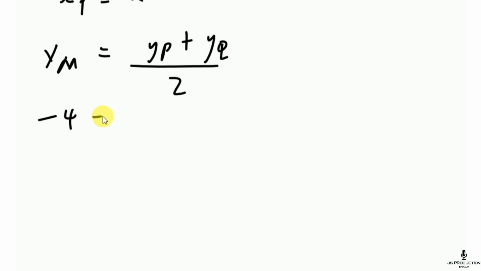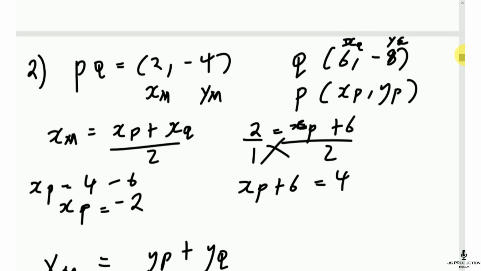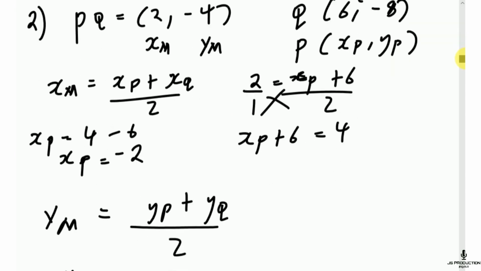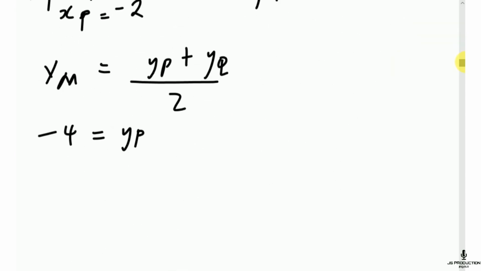Negative 4 is equal to yp, which is the y coordinate of P we are trying to calculate, plus yq, and we know yq is negative 8, divided by 2.